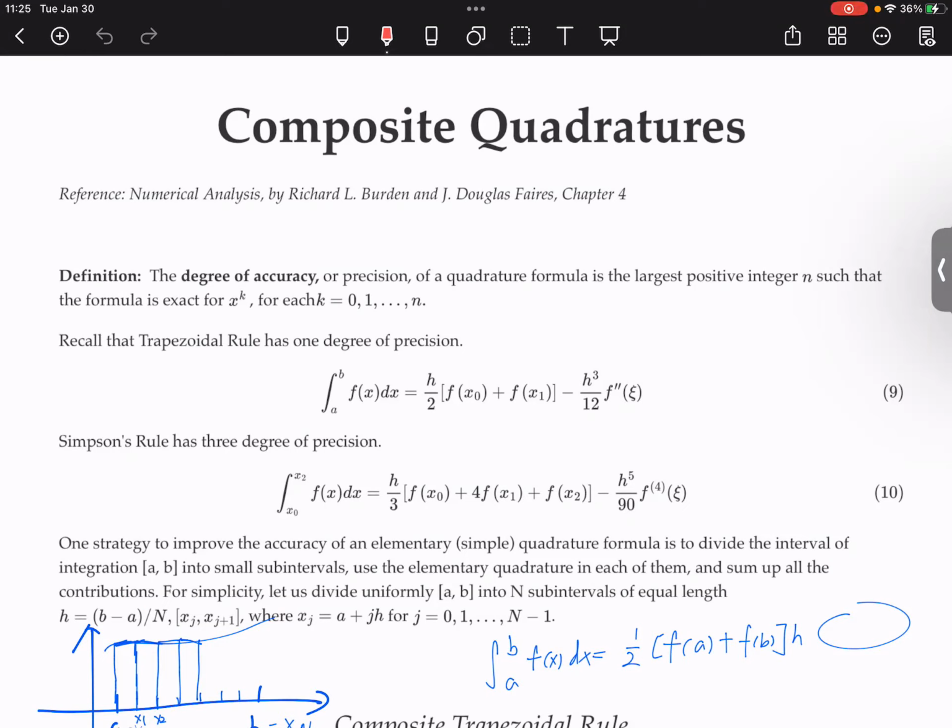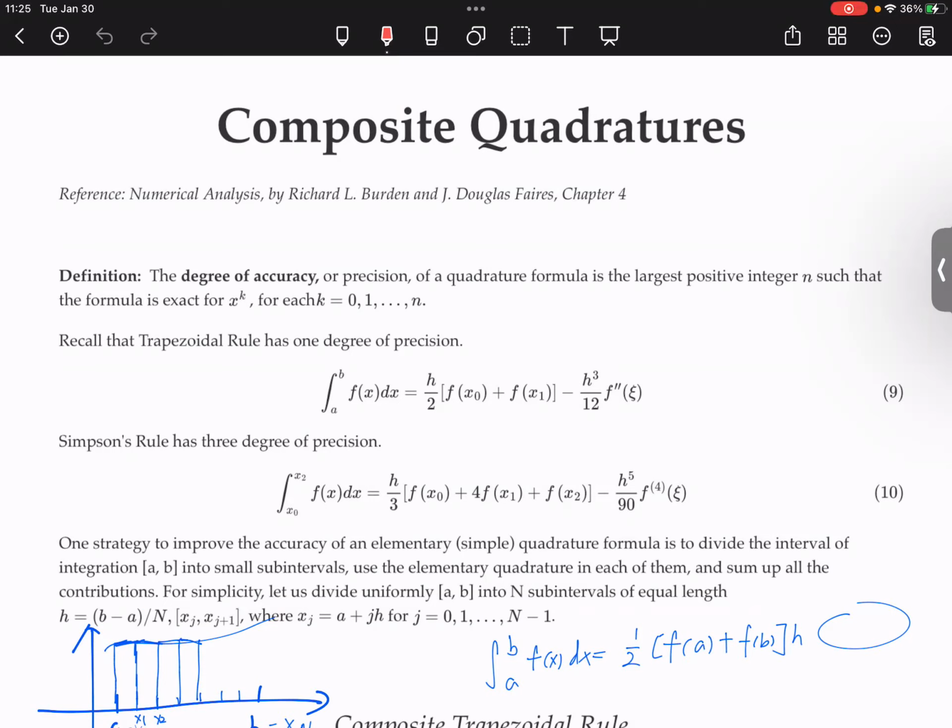But how many nodal points do we have there? We have x0 and x1, so we have 2 nodal points.